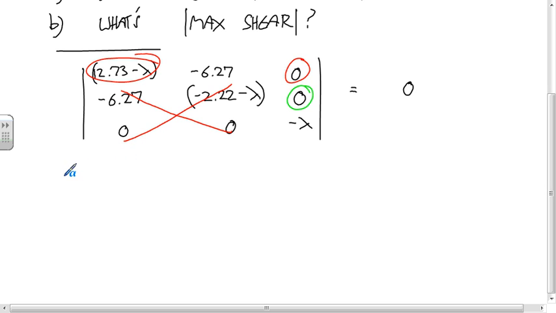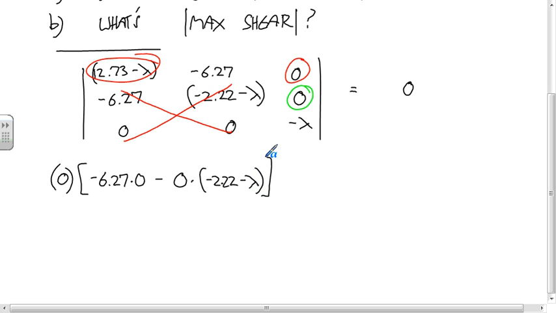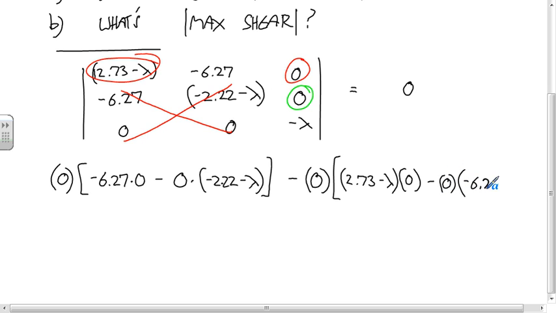But so we have 0 times negative 6.27 times 0 minus 0 times negative 2.22 minus lambda. And then you have minus the green 0 times its subdeterminant, which is 12.73 minus lambda times 0 minus 0 times negative 6.27.